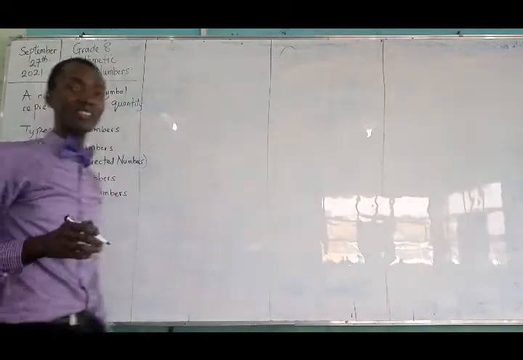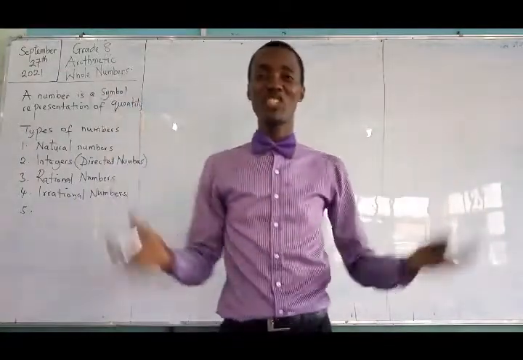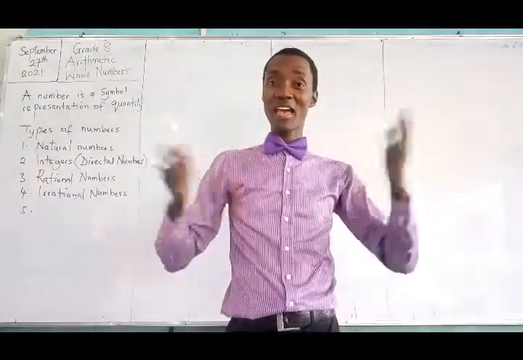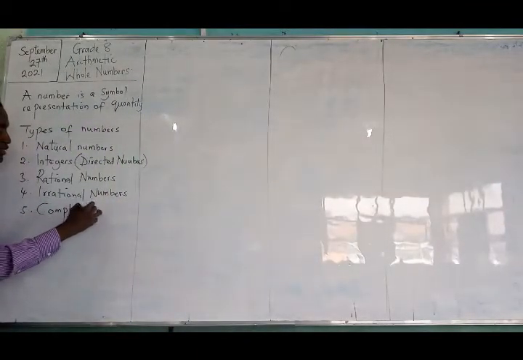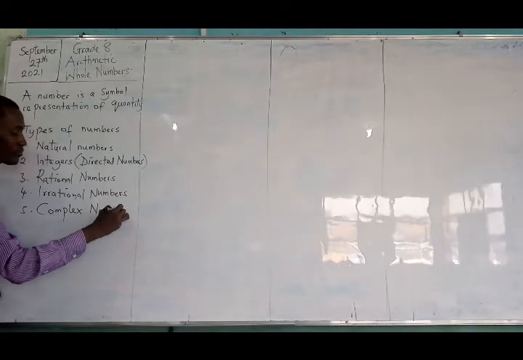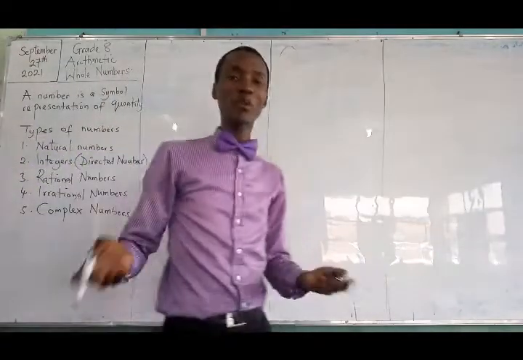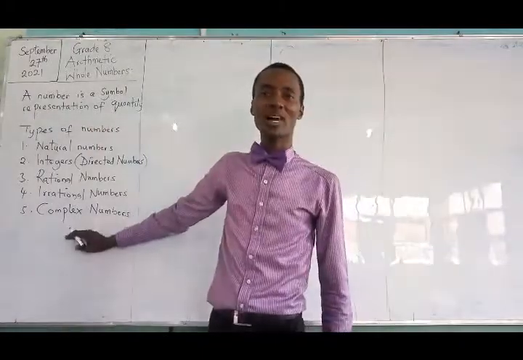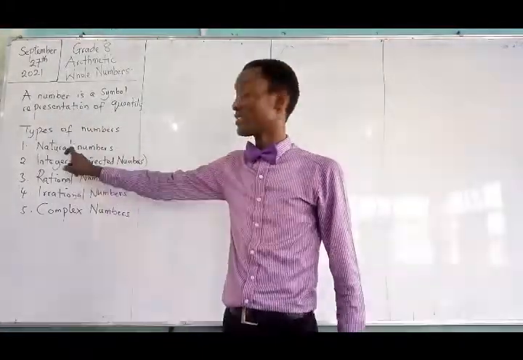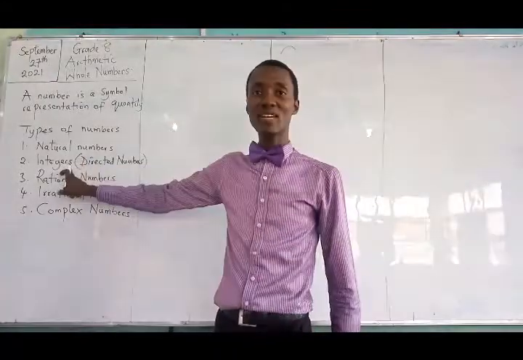And for those of us that will one day want to become engineers, scientists, as the case may be, you will come to a realm called complex numbers. So I have classified numbers. Numbers will fall under these 5 major categories. Number 1, natural. Number 2, integers.